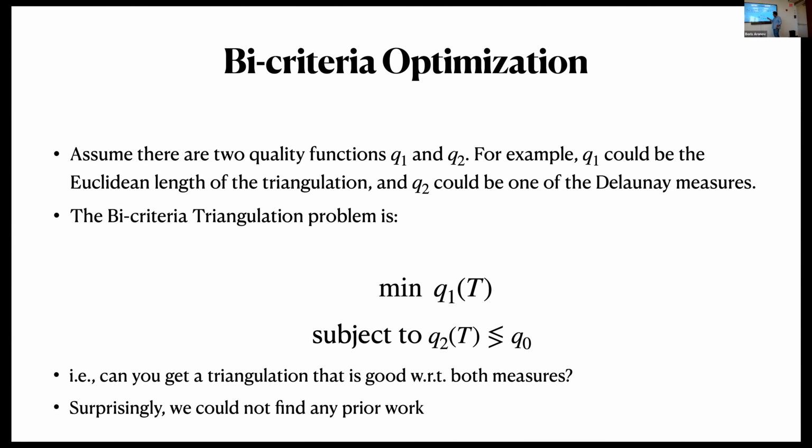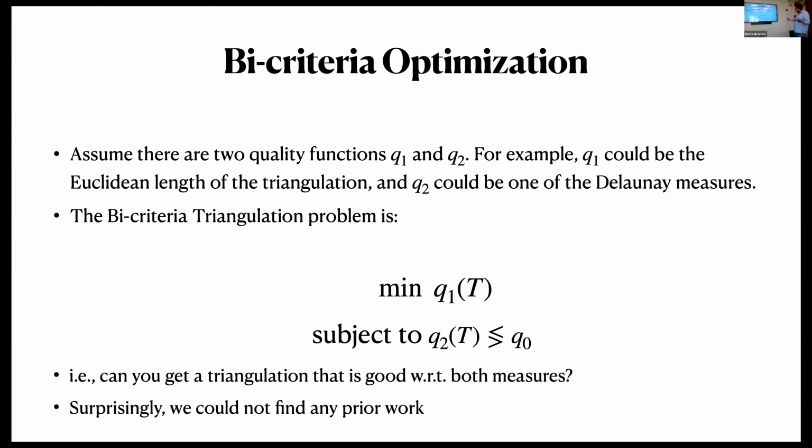So I give you a budget on the second quality, and I want you to minimize the first quality. I want you to find a triangulation that is good with respect to the second, and subject to that, it's optimal with respect to the first quality measure. So out of the space of all triangulations that are 50% Delaunay, find me the one with the smallest length.